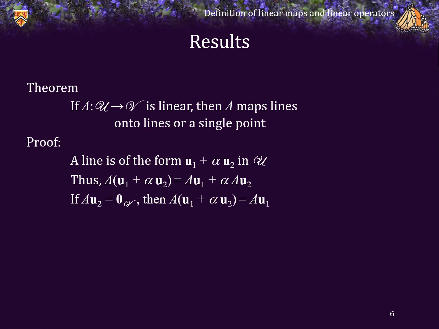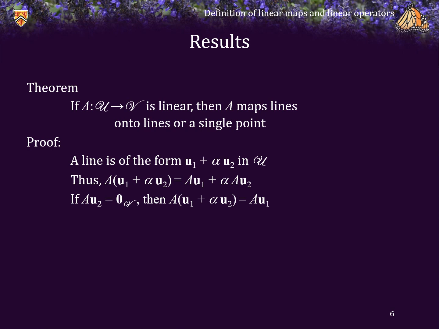Now, in the odd case that the linear map applied to U2 is the 0 vector in the vector space V, then the image of U1 plus alpha times U2 is simply the image of U1.